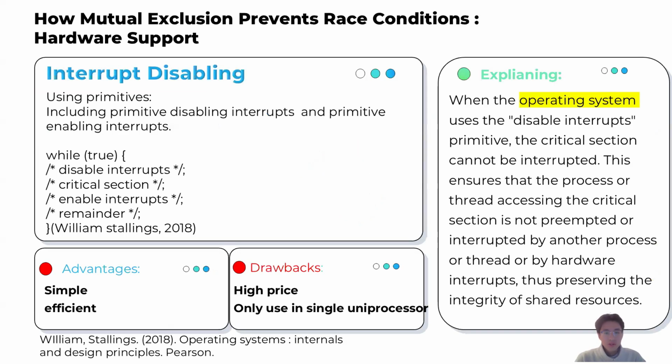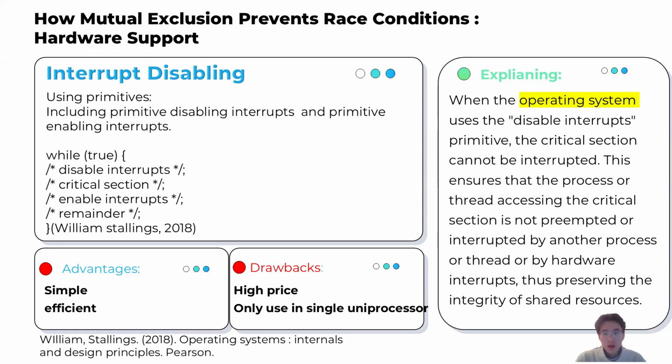And now I'm going to introduce hardware support. The first method is interrupt disabling. Here you can see the while loop, with code referenced from William Stallings. The important thing is using primitives: disabling interrupts and enabling interrupts.